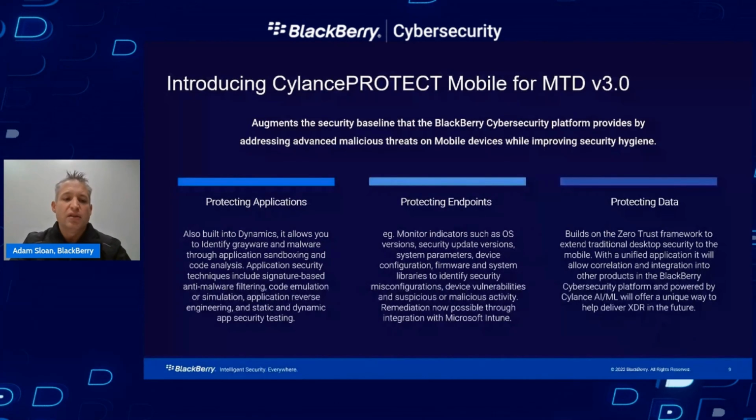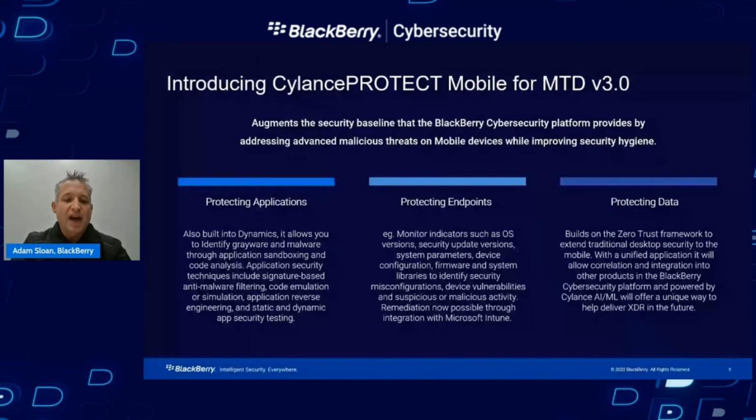So one is having a look at the applications. So again, for our customers here that are using BlackBerry UEM, this technology is also built into those applications. So it gives you that ability to identify mobile malware, looking at the way applications work via sandboxing and code analysis.